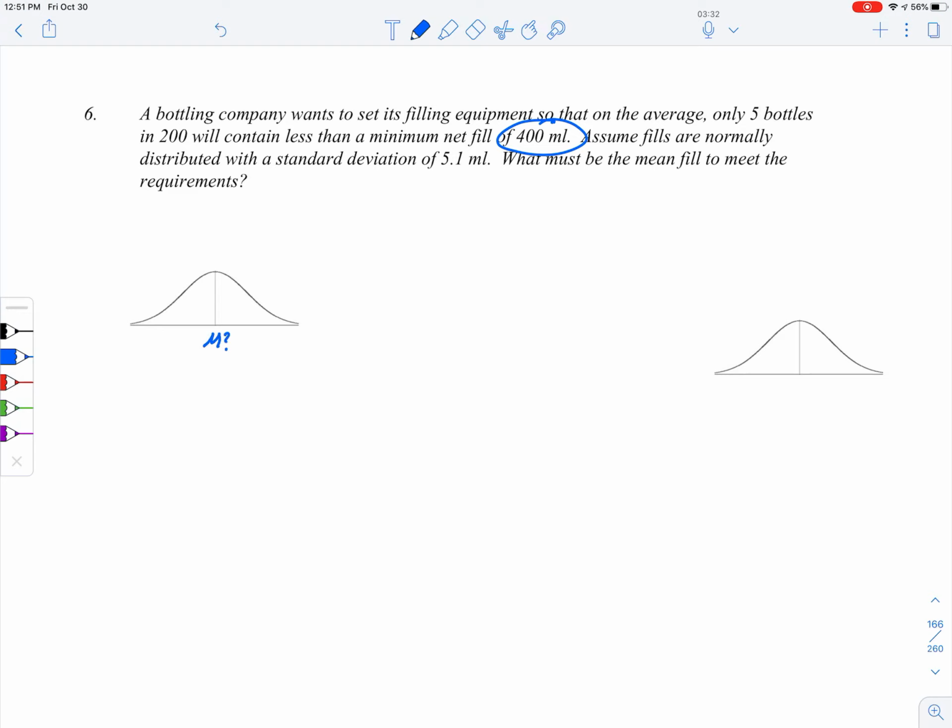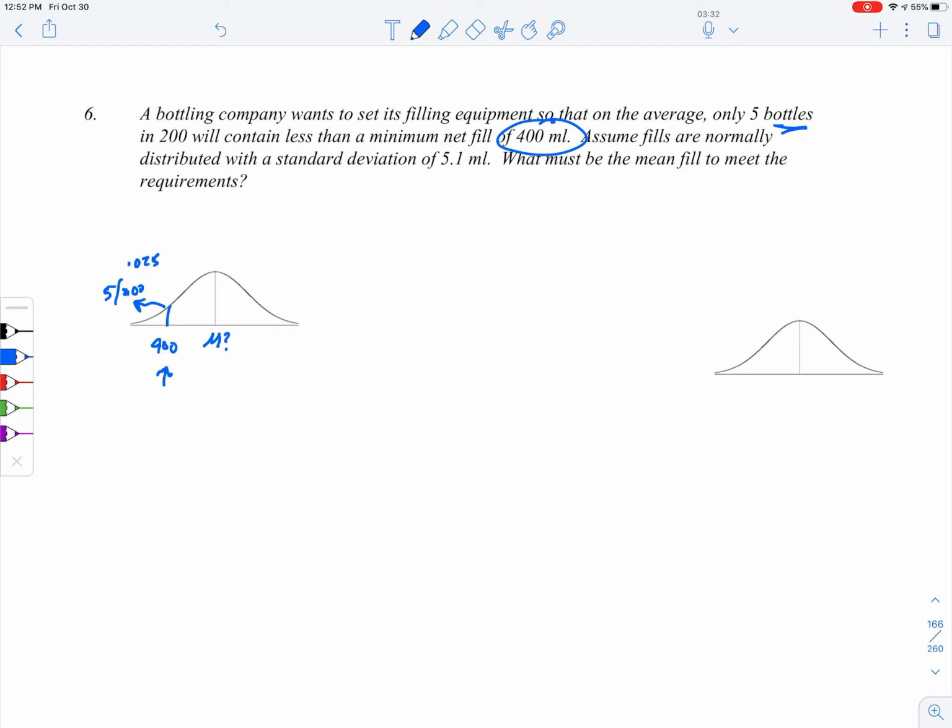That's what we're looking for. And it's going to be higher than 400 mils, so that only 5 bottles in 200 are less than 400 mils. This is the amount that they actually quote on the bottle. That's what's stamped on the bottle or on the can. But they set it higher so that only 5 out of 200, which is 0.025, is less than 400 mils.